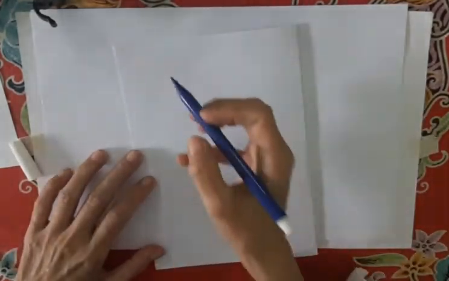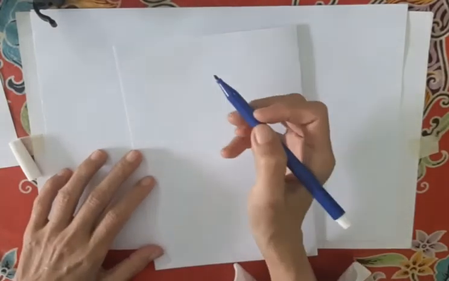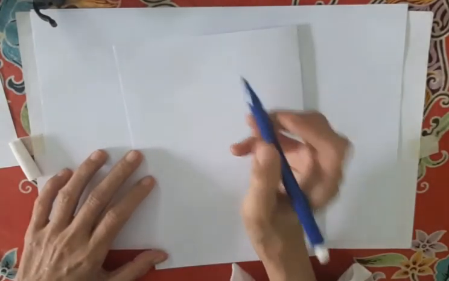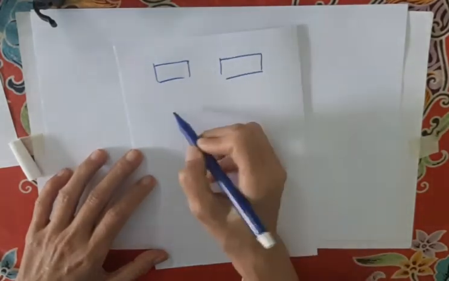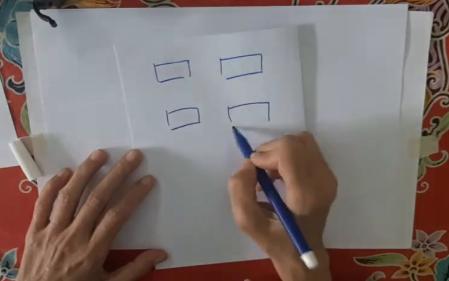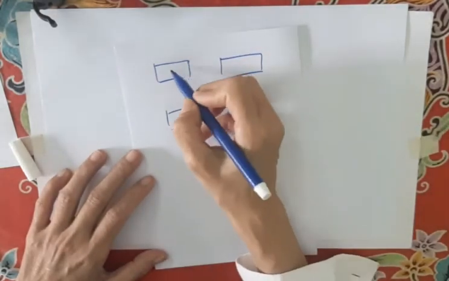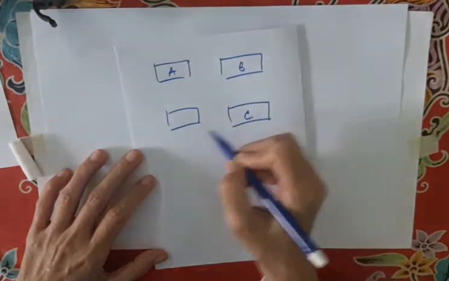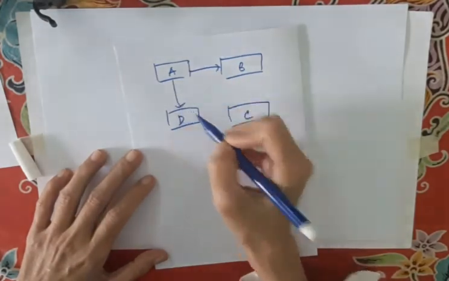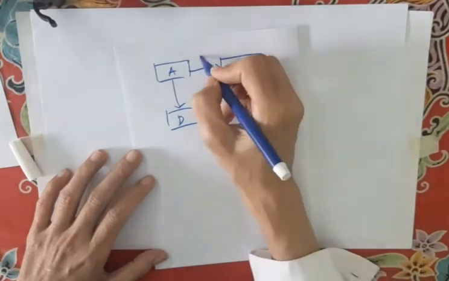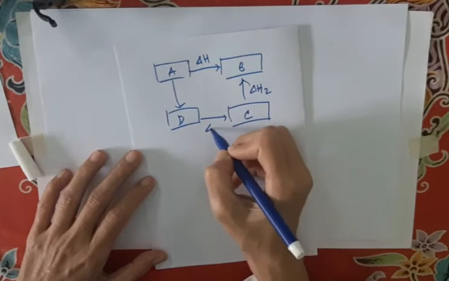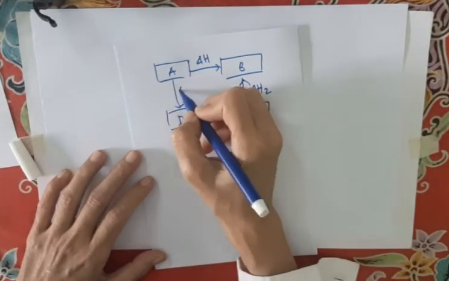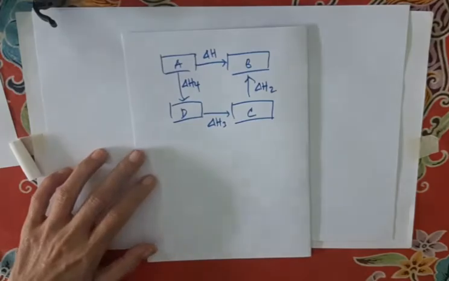Or another type of energy diagram, maybe like this, so that we have A, B, C, D with delta H1, delta H2, delta H3, delta H4.